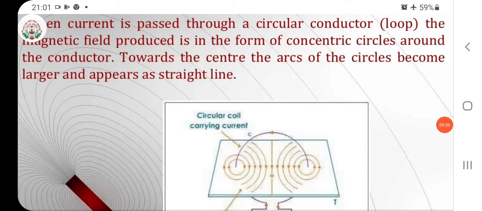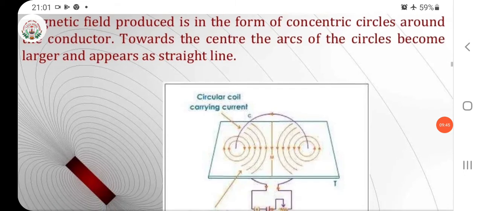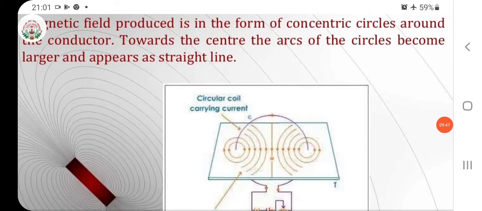Towards the center, the arcs of the circles become larger and appear as a straight line. So this is the diagram of the shape of the magnetic field produced by a circular loop.